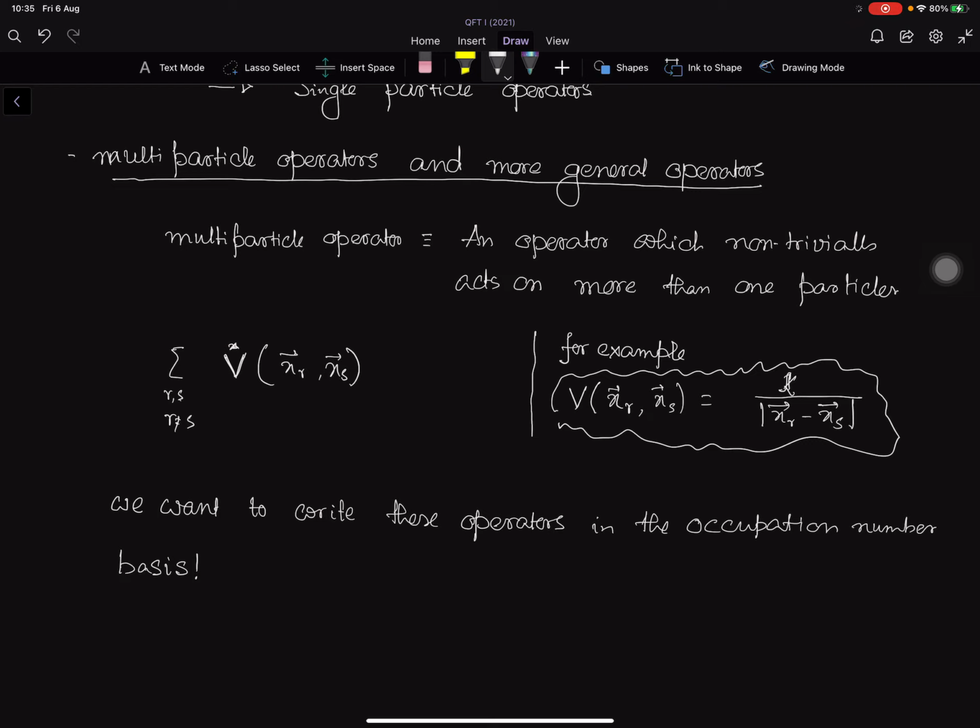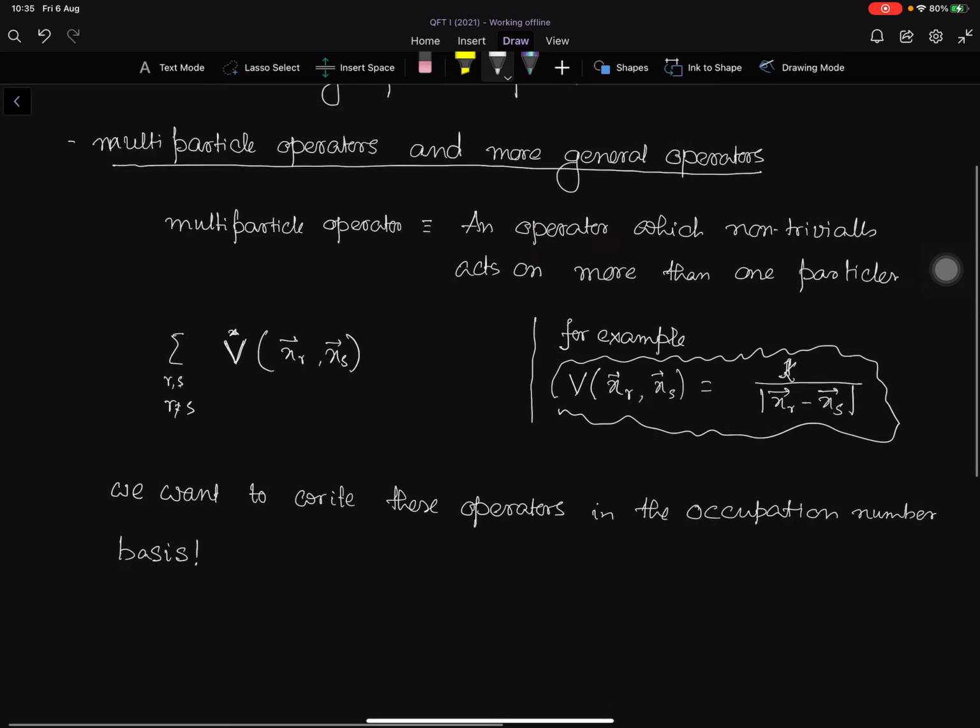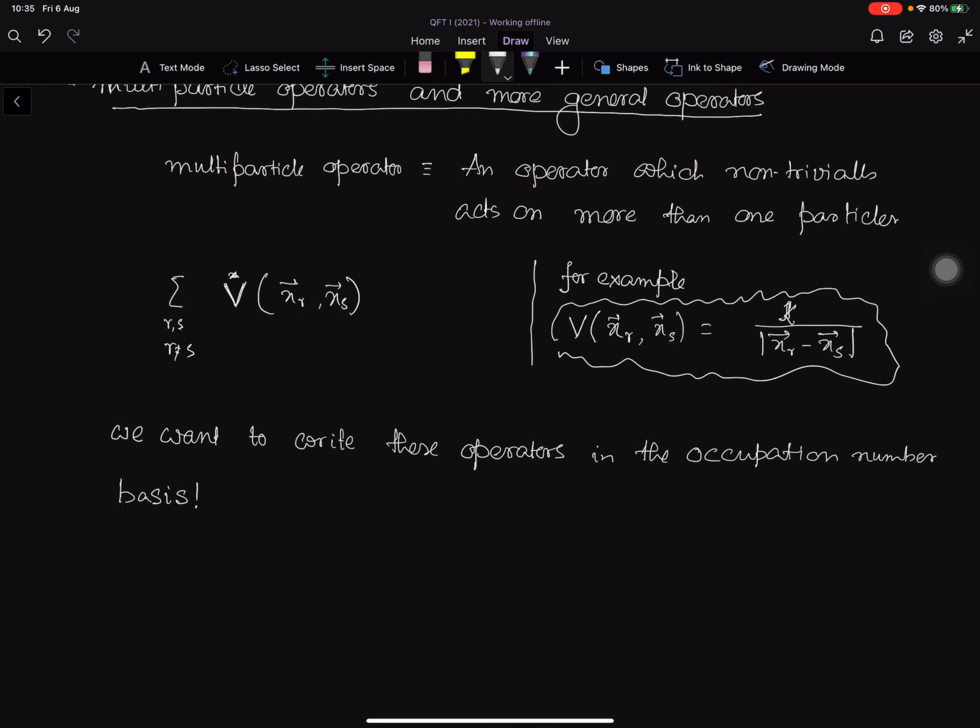So in such cases, let's consider the situation that the operator takes state I1 and I2 and maps it to some state J1 and J2.